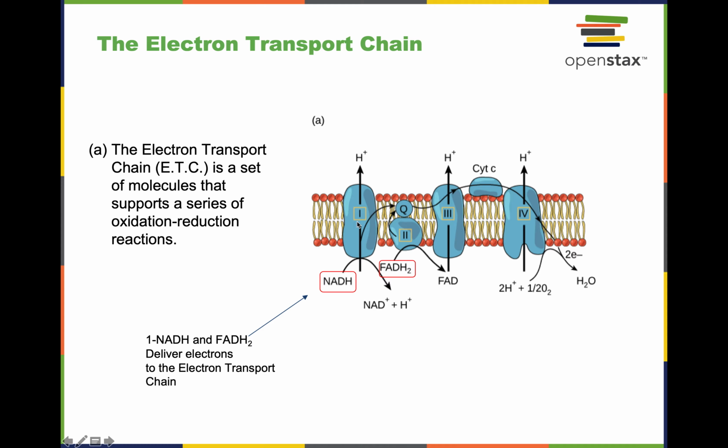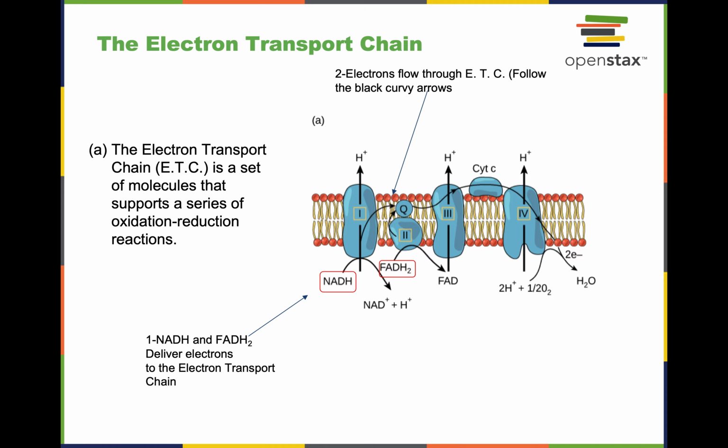What I want you to notice is that some of these molecules in the chain are also proton pumps, meaning that they have openings between them to allow positively charged hydrogen ions to move from the mitochondrial matrix into the intermembrane space. As the electron is moving down this chain, it takes these molecules into a higher energy state, and then they pass the electron to the next one, and they go back to their original, lower energy state.